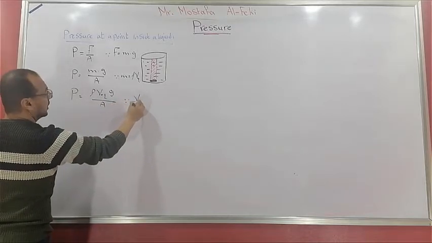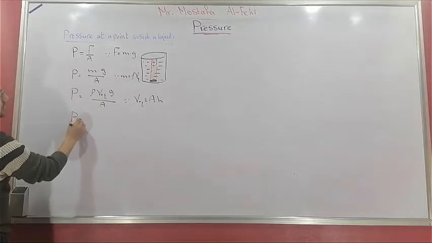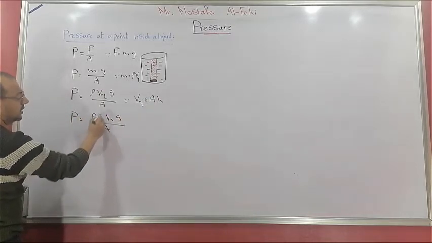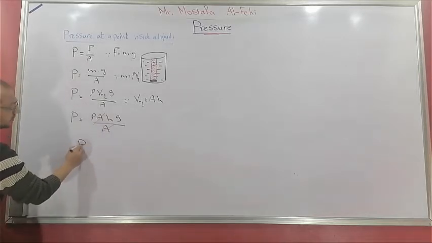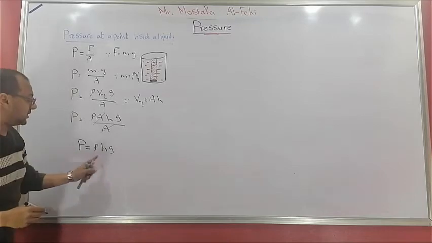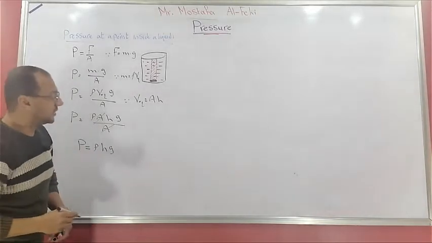Since any volume equals area times height, then the pressure equals rho A h g divided by A. Cancel A with A, then the pressure equals rho h g: density of the liquid, height of the liquid, the gravity.